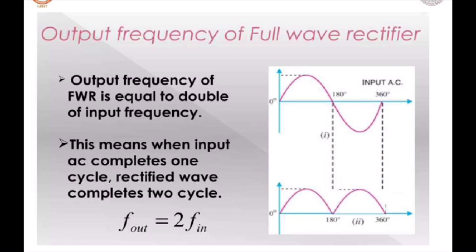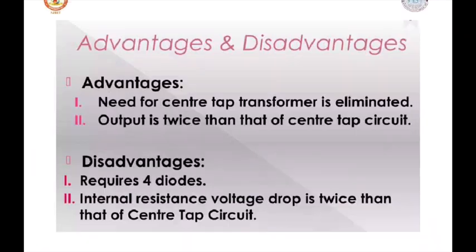During the positive half cycle two diodes will work, and during the negative half cycle the other two diodes will work. So you will get an output in this way. We can also say that the output frequency of the full wave rectifier is equal to double the input frequency, that is f_out = 2f_in.